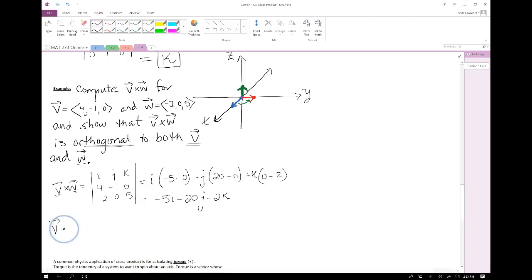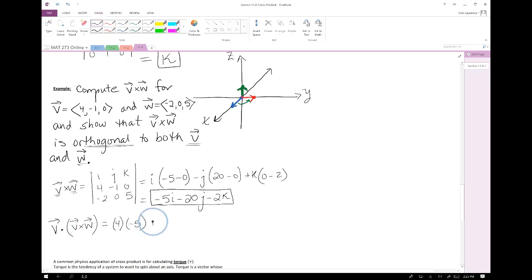So remember, dot product is commutative, so it doesn't matter which vector I write first and which vector I write second, but we're going to show really quickly that this vector we just got back is in fact orthogonal to both v and w. So we're going to show that the dot product comes out to be 0. So dot product, remember, says to multiply corresponding components.